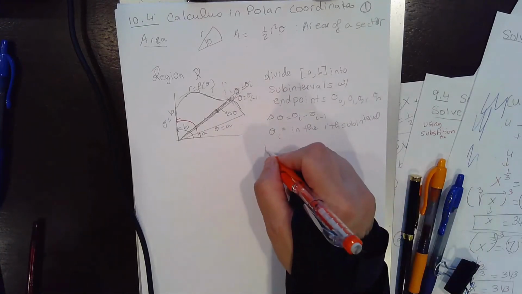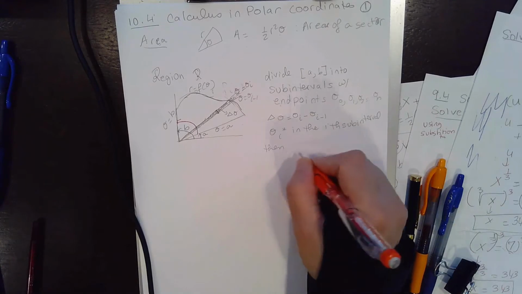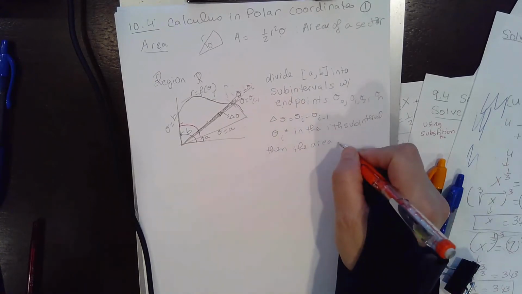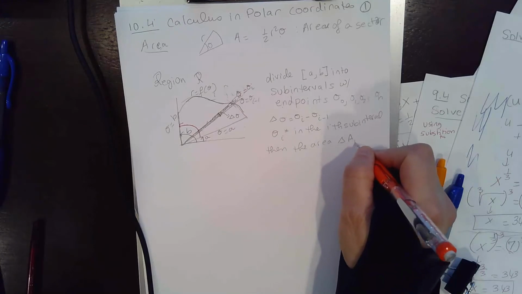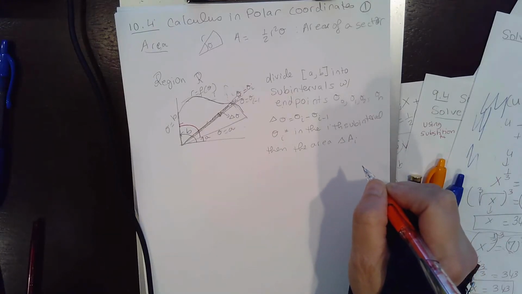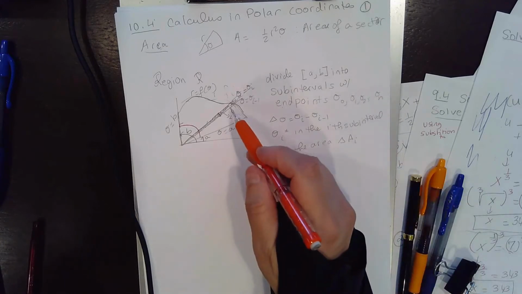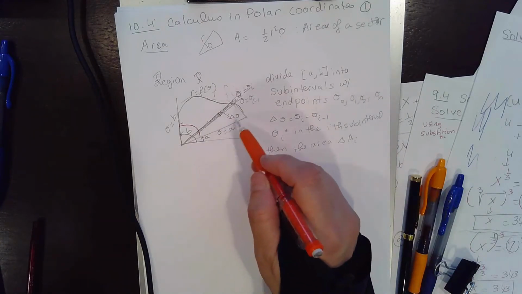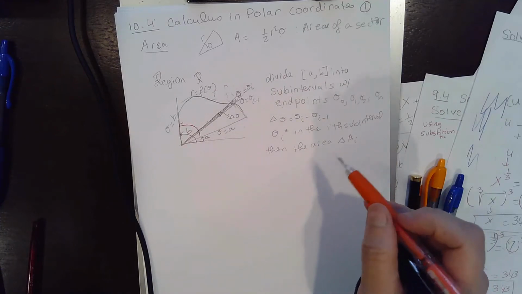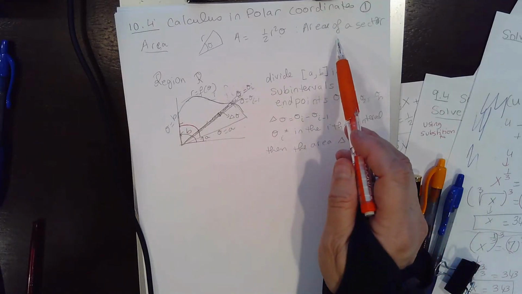Then the area delta A i, the area of the ith region, we can approximate it by using the area of a sector, just like we did here.